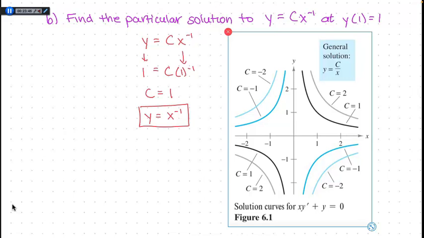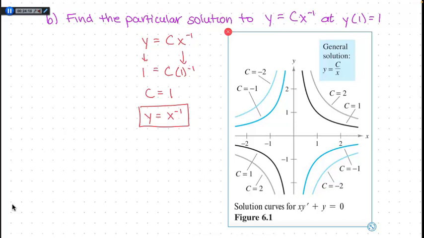It's got these two branches in the dark black. If c was 2, then it's these gray branches. If c is negative 1, then it would be the darker blue branches. If c is negative 2, then it's going to be the lighter blue branches. So depending on the value of c, your graph is going to look different.